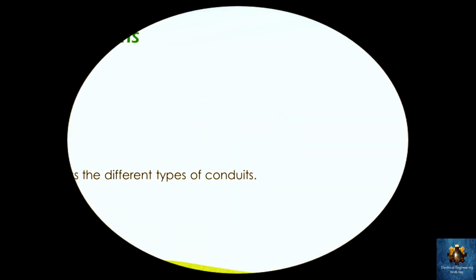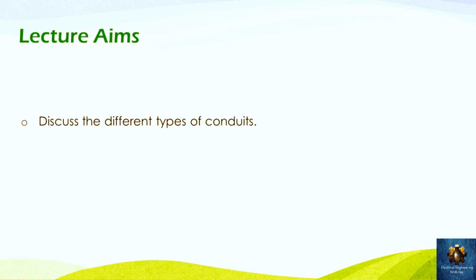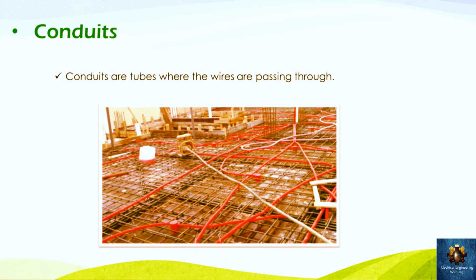The aim of this tutorial is to know the different types of conduits used in the electrical distribution system, and we will learn how to select the suitable conduit system. First of all, to know what electrical conduits are and why we need them, conduits are kinds of tubes that the electrical wires go through.